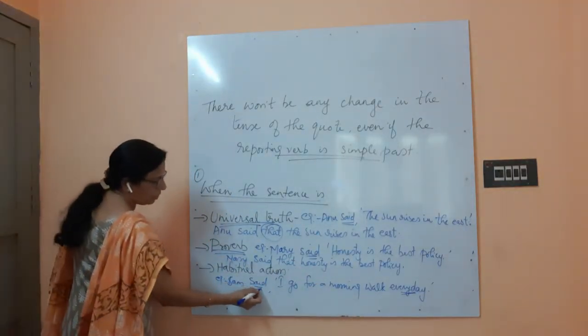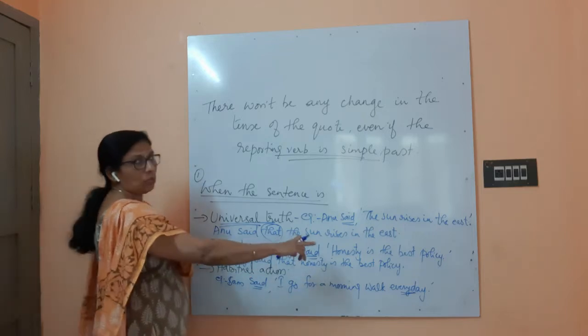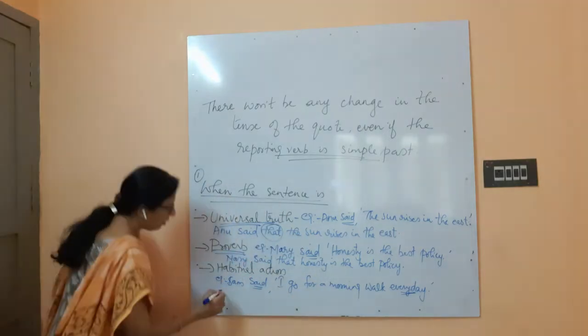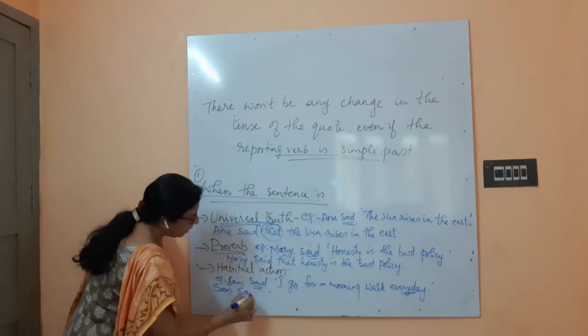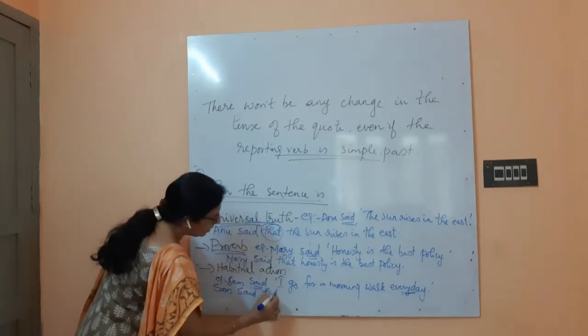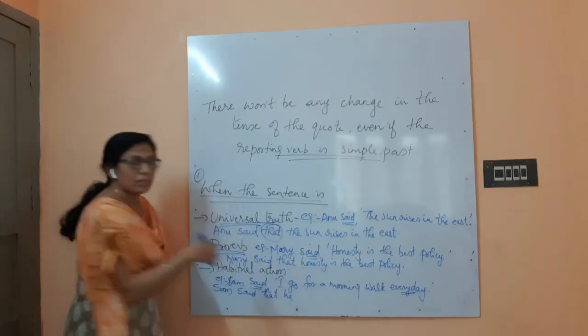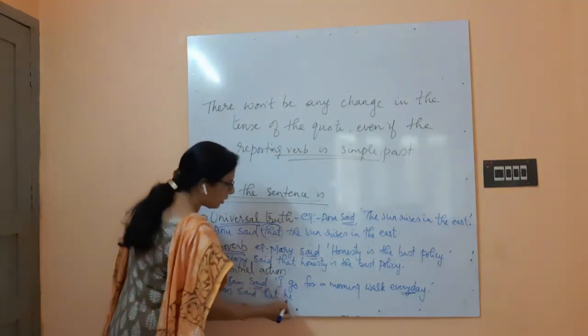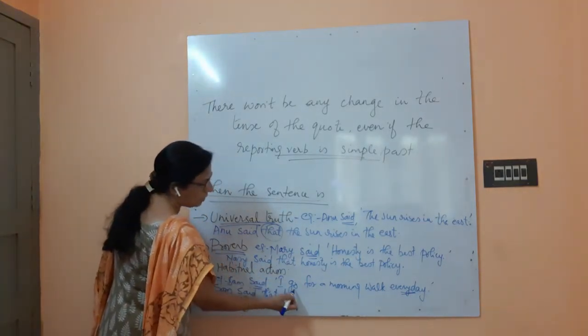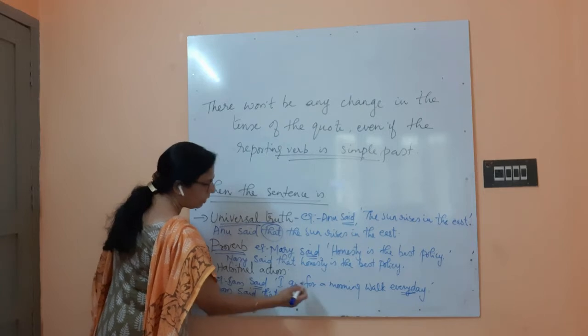So here the reporting verb is simple past, but still, as we know that it is a habitual action, you convert to indirect speech: Sam said that he. First person of course has to be changed to third person, otherwise the meaning will be different. Okay, so he; we know that I is the subject, go, plural form, he goes.